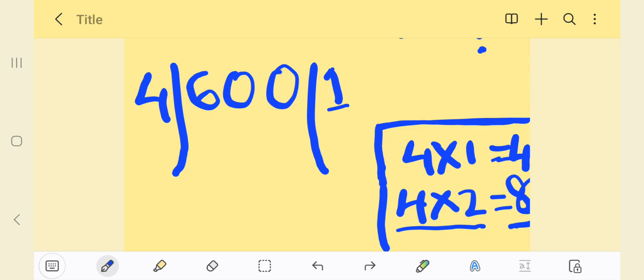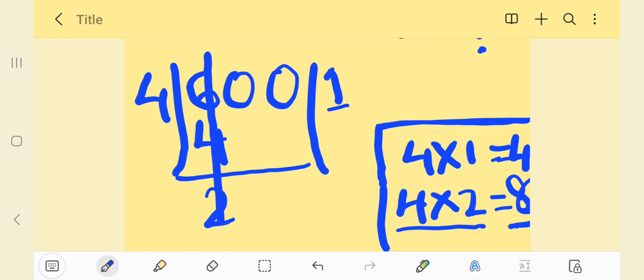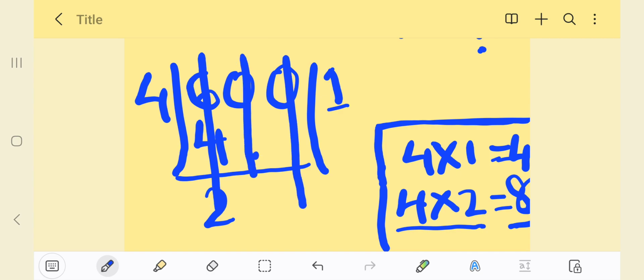Okay, so 4 times 1 we get 4 here, and then according to the rule we need to do subtraction. 6 minus 4 we can easily subtract and get this 2 down here. And remember to follow the column line. Don't put 2 here, then you will get the wrong answer. We always need to follow the column line, like these and these and these.